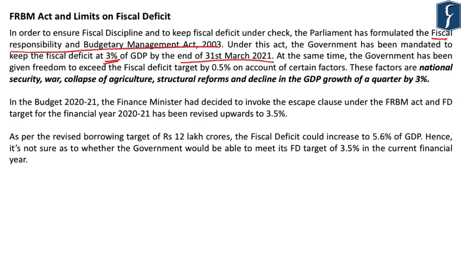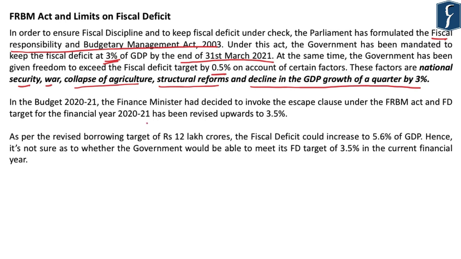But at the same time, the government of India was given freedom to exceed the fiscal deficit target by 0.5% on account of certain factors. And these factors are national security, war, collapse of agriculture, structural reforms, and decline in the GDP growth of a quarter by 3%.